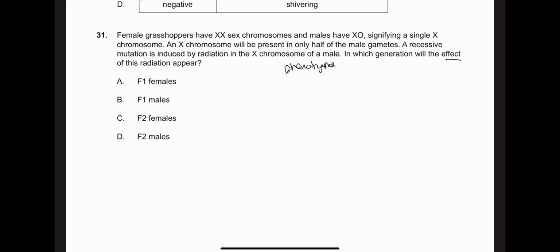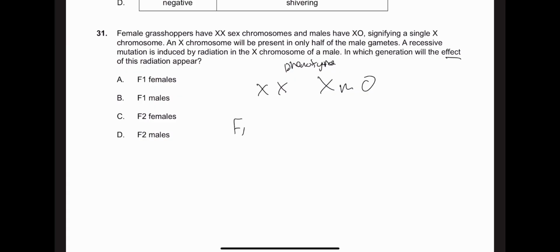Let's say we had the parental generation. We'll have our normal mother and our father that has the mutation. In our F1, our female has the possibility to receive an allele combination that looks like this. This does contain the mutated allele. However, remember, it is recessive, so it's not going to show any phenotypic effects. So this is still okay. Our male will look something like this.